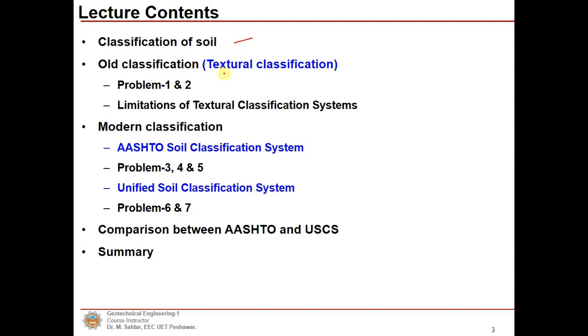Older classification systems such as the US Department of Agriculture system, which is based upon the textural classification, were discussed, and the limitations of textural classification systems were also discussed. Now, in today's video lecture, we are going to study the AASHTO soil classification system, which is one of the modern soil classification systems.